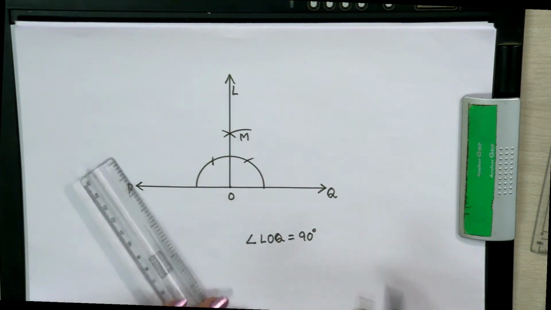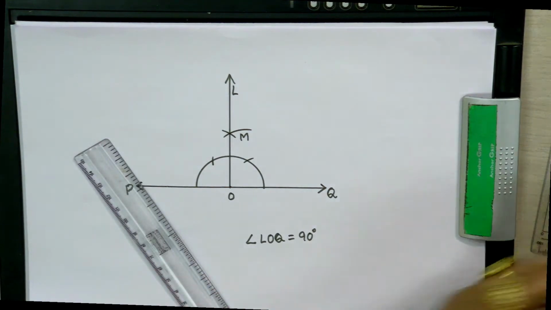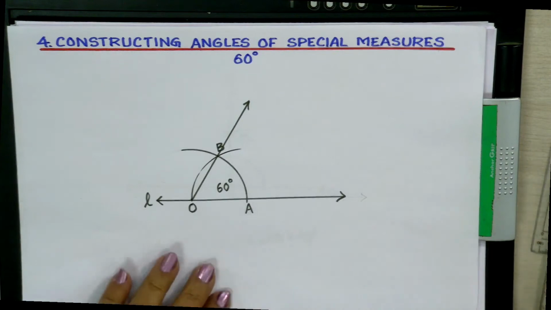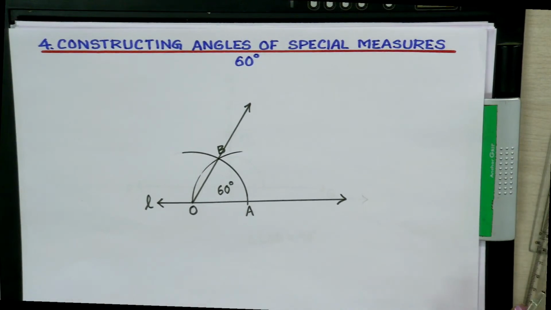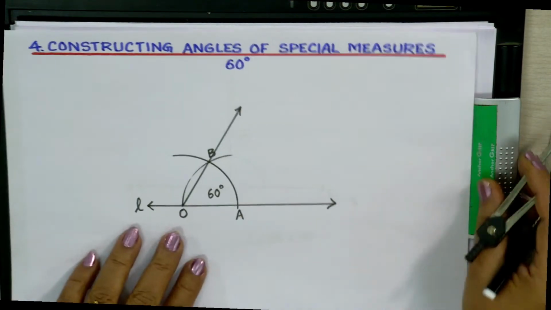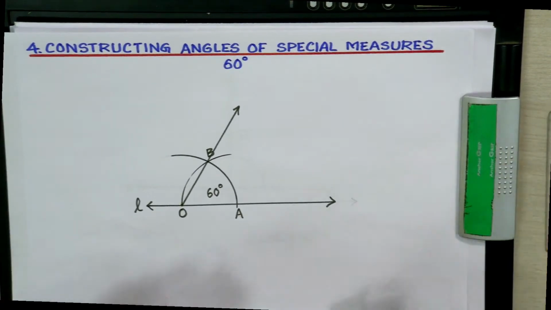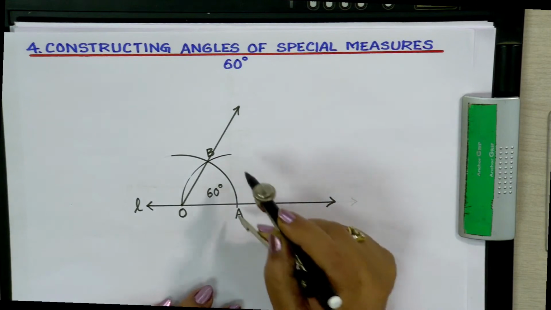Okay, children. And in the previous one where we have done 60 degrees, can I construct an angle of 30 degrees in this? Dharmendra ji, I can take the bisector of this angle and that will give me an angle of 30 degrees. Let us do it.